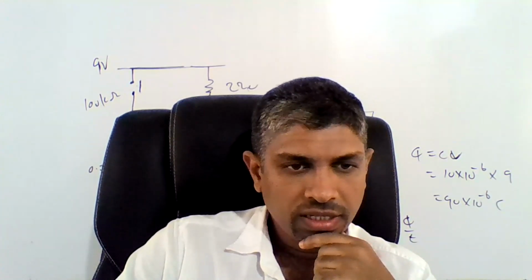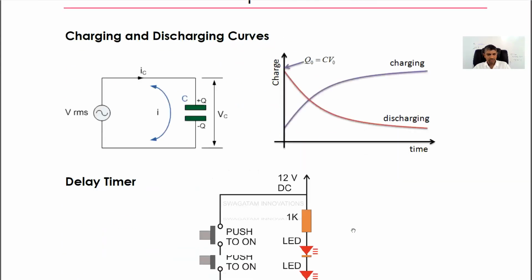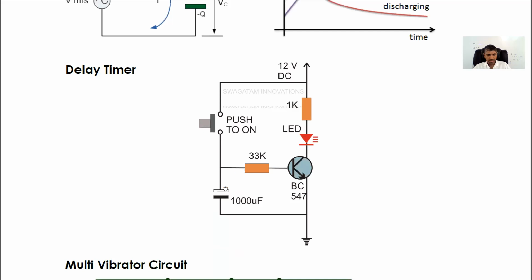right? So in the practical sheet, this circuit is available. Actually in my case, I push the button, then the 100k resistor is here, and the capacitor is connected not directly to the base terminal, but to the point in between the resistor and the switch.